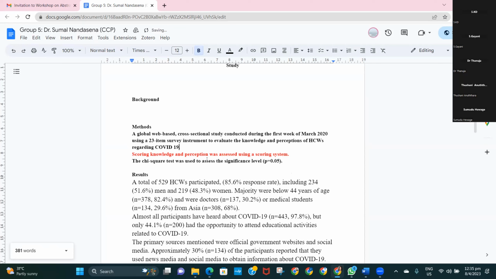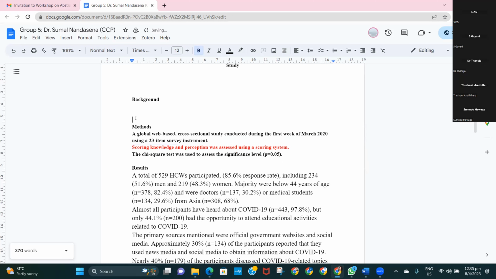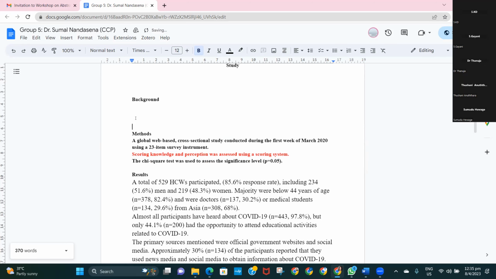Now we have to write the objectives separately, just above the methods section. Actually, this is not evaluate, it is assess, no? They have assess or describe.